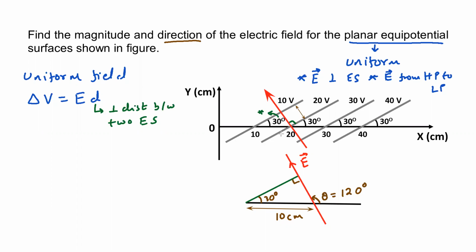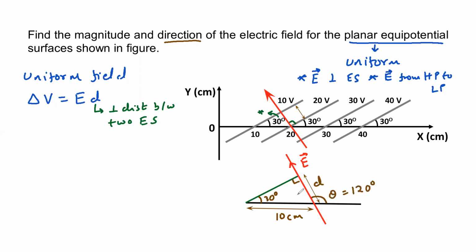So if I just draw it here, what is that perpendicular distance? It is this one, right? This is our D, and I'll just write that theta again. This is our theta, which was 120 degrees.